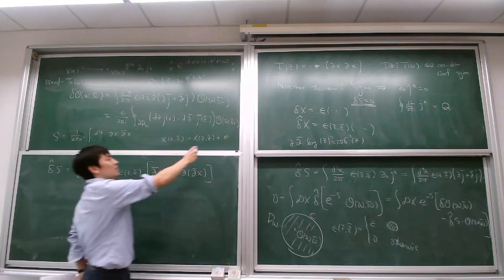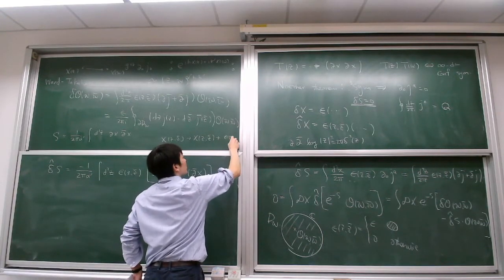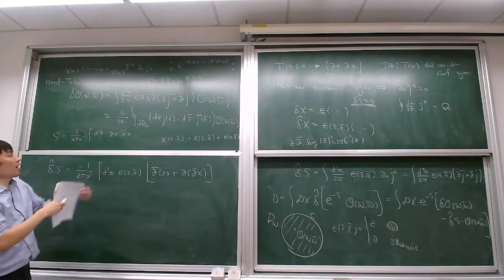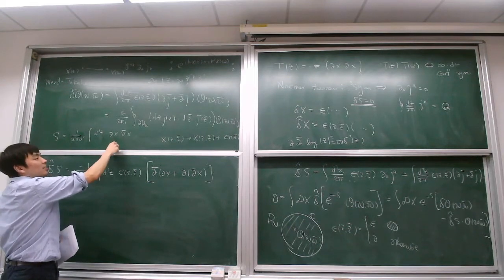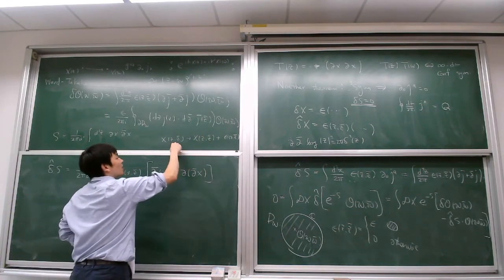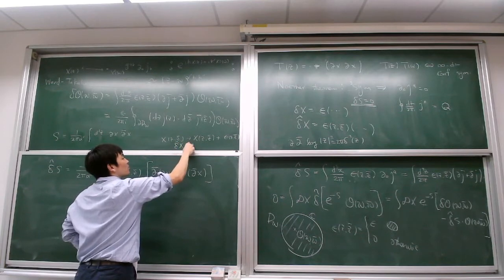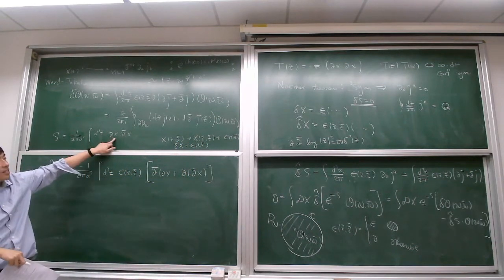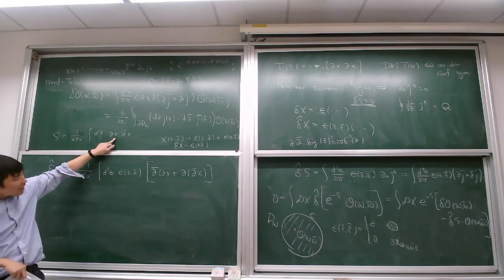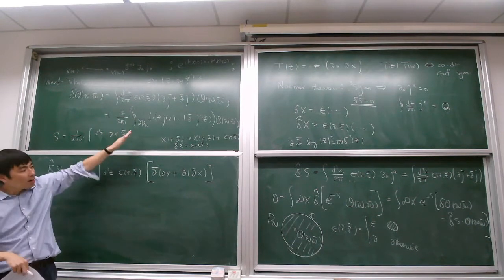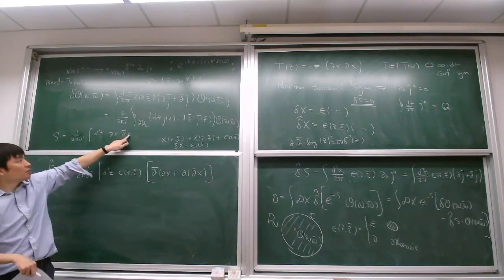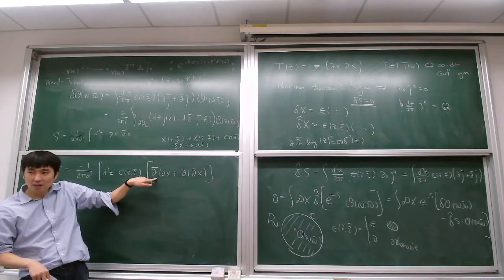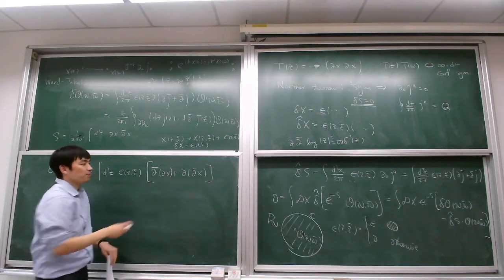If you upgrade this symmetry to depend on the coordinate, taking delta hat X as epsilon of z and z bar, and do the integration by parts, you get this term. And if you take delta X and do the integration by parts, you get this part. Do you agree?